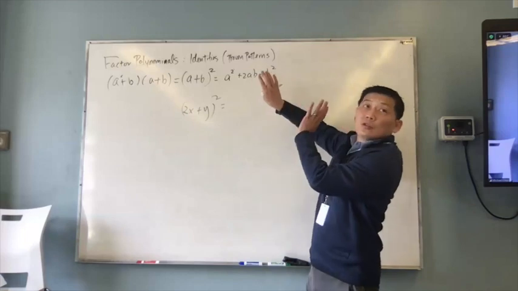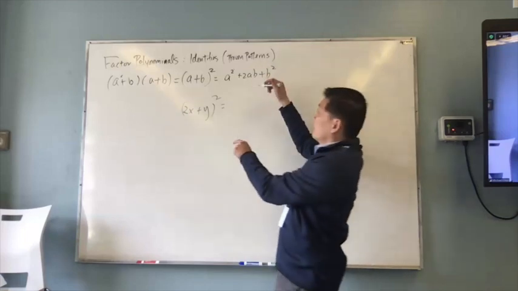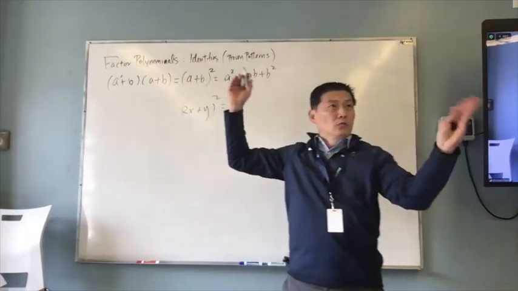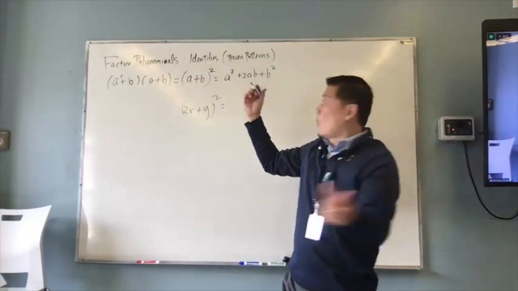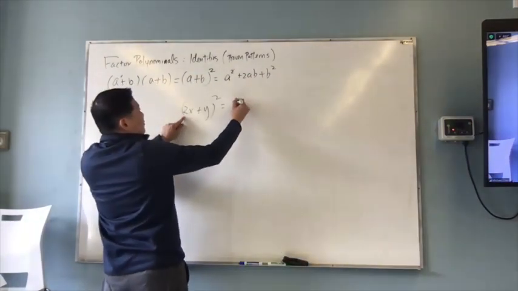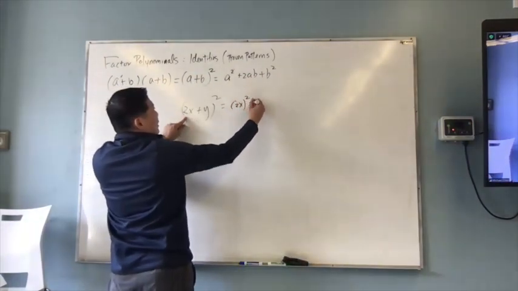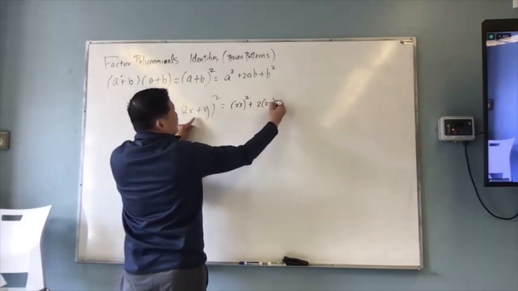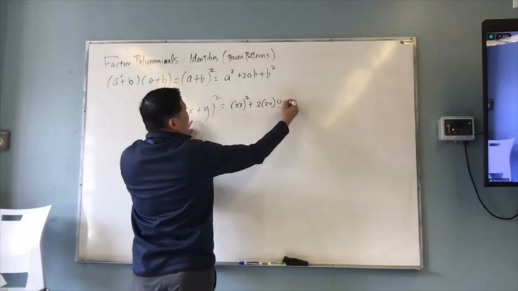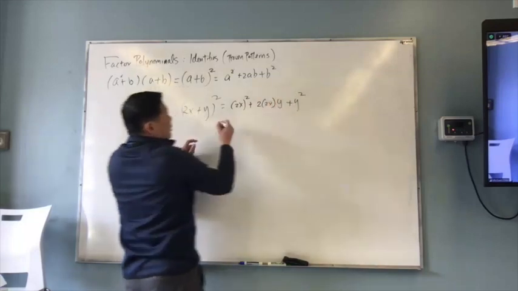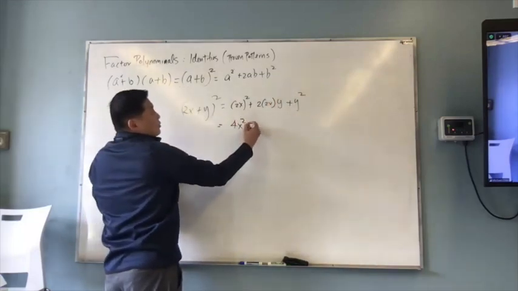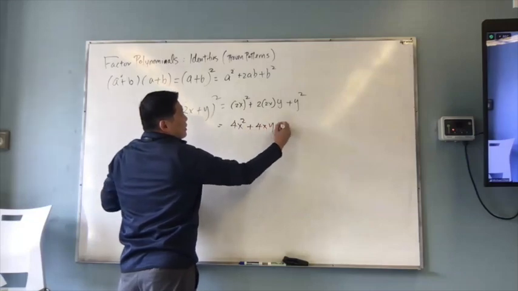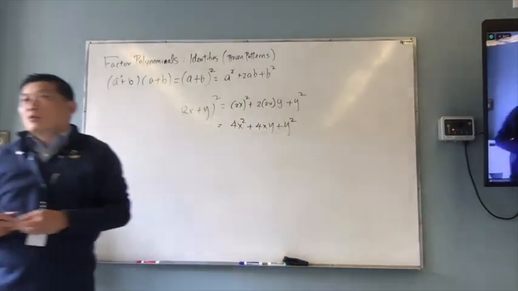I can simply use this and say, oh, my a is 2x, my b is y, then a squared becomes 2x squared, 2 times 2x times b, which is y, and then y squared. I end up with 4x squared plus 4xy plus y squared, right?